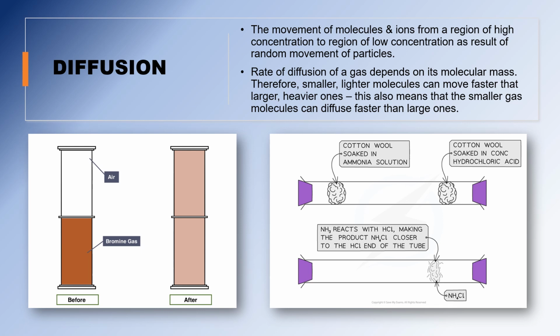You will notice that a ring of white ammonium chloride has formed, but closer to the HCl end of the tube. Why did this happen? Because ammonia has lower relative molecular mass than HCl. So it could diffuse faster than the fumes of hydrochloric acid, which is why the ring formed closer to HCl.